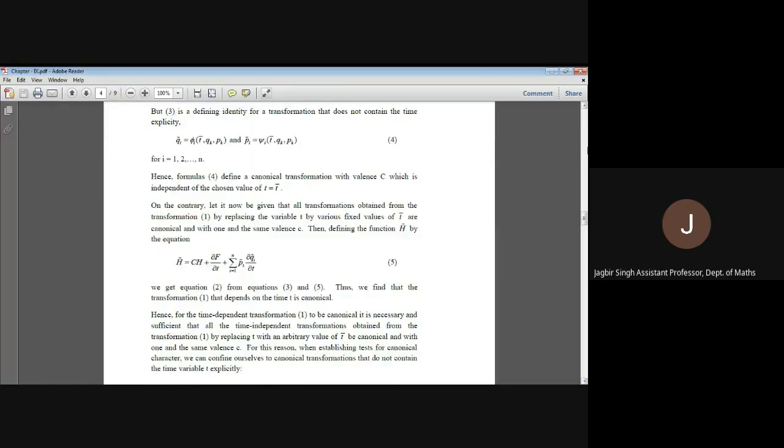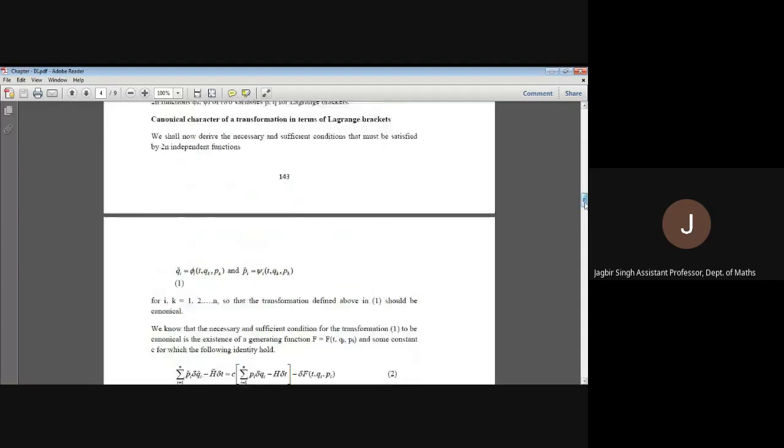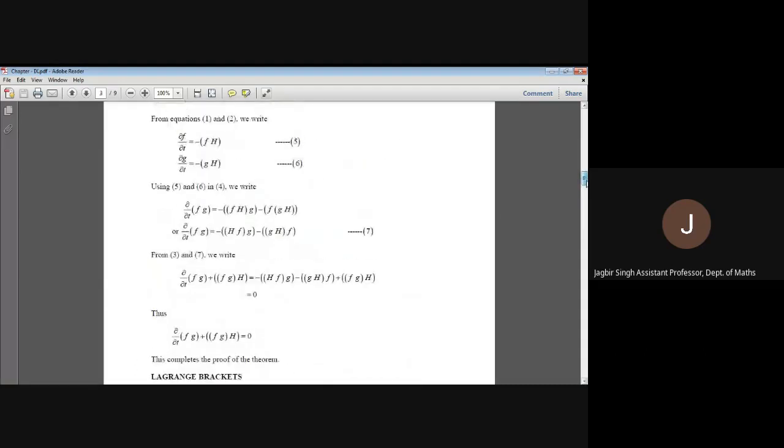So ∂/∂t of [f, g] is equal to, no, this minus is not there now. It is [H, f], using the first rule that [φ, ψ] is equal to minus [ψ, φ]. So minus [f, H] is [H, f]. So [[H, f], g] and plus, the minus is not there, plus [f, [g, H]]. f is the first function, [g, H] is the second function, and the minus is outside, so it is replaced.